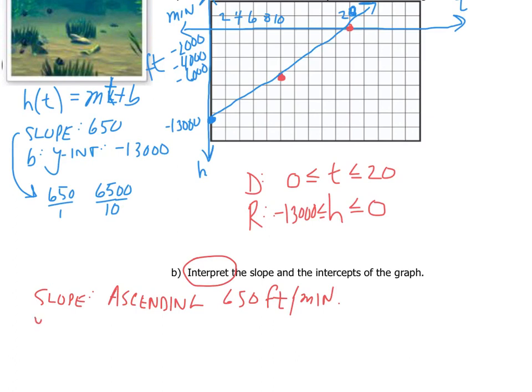The y-intercept, basically that's at minute 0. That's basically telling us where are we right now.